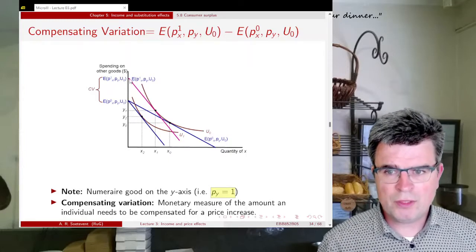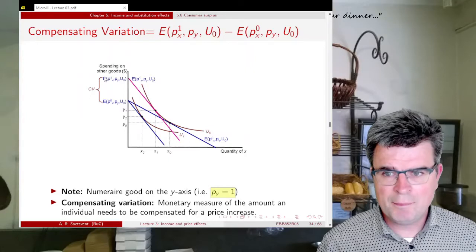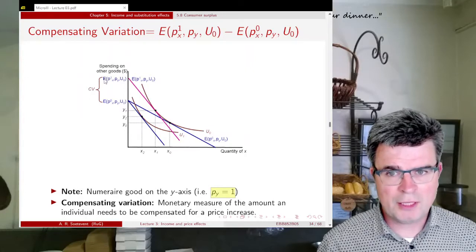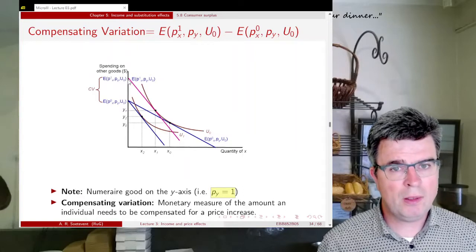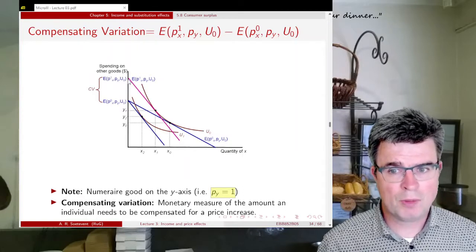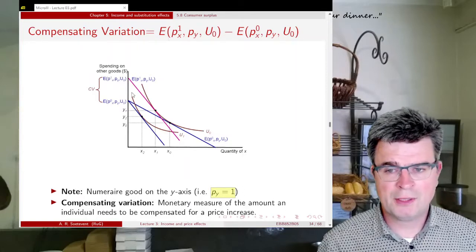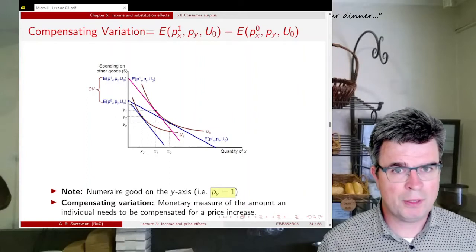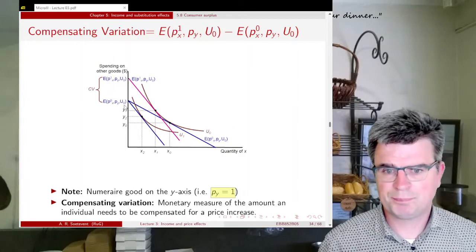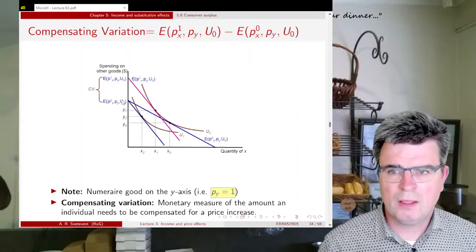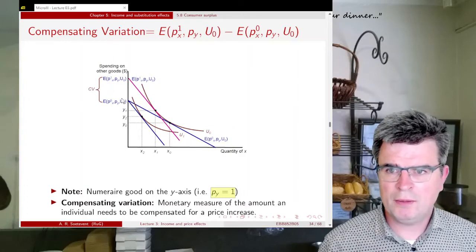So the vertical distance here gives us exactly the compensating variation, because it's the difference between the new income level, the compensated income under the new prices, and the income that we had at the original prices, 18 minus 10. So this is the compensating variation.